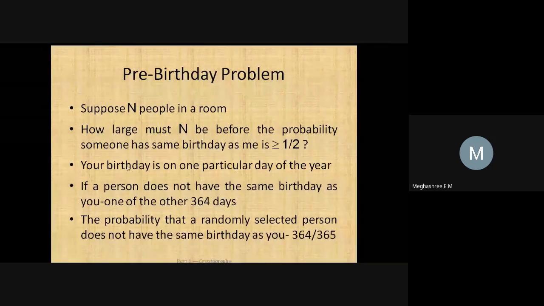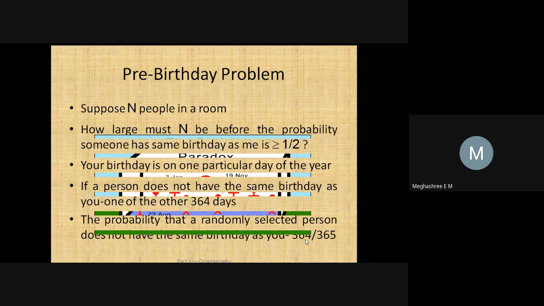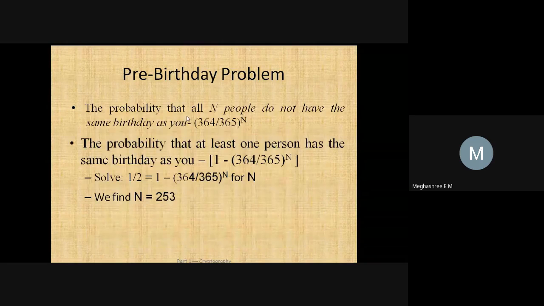If a person doesn't share his birthday with me, his birthday will fall on the other 364 days, and the probability of that is 364 divided by 365. Now the probability of n people not sharing their birthday with me is 364 divided by 365 whole power of n.